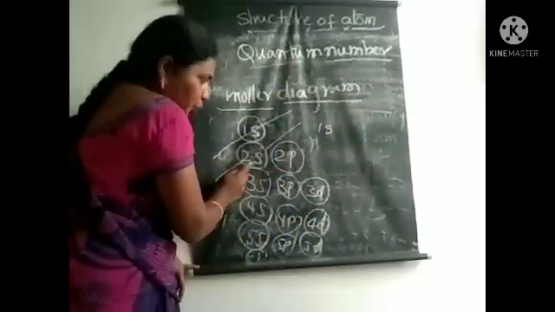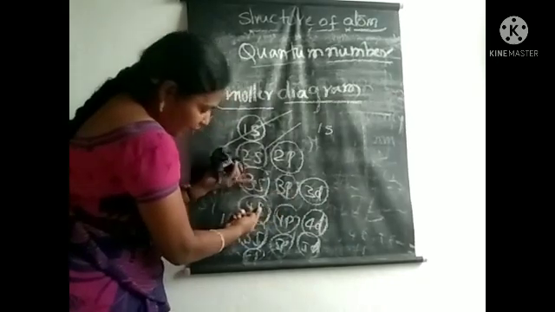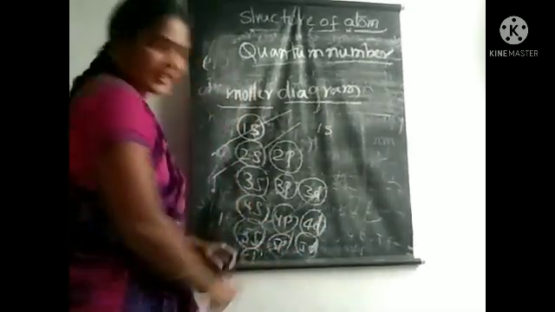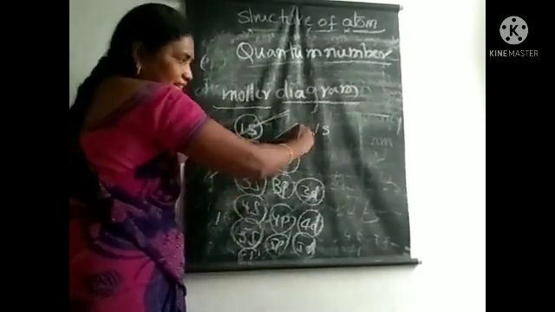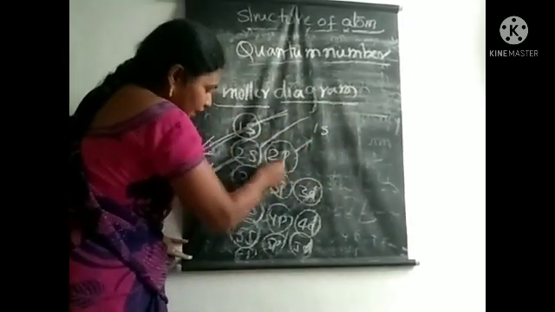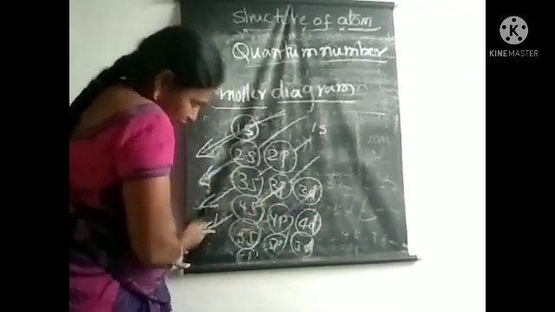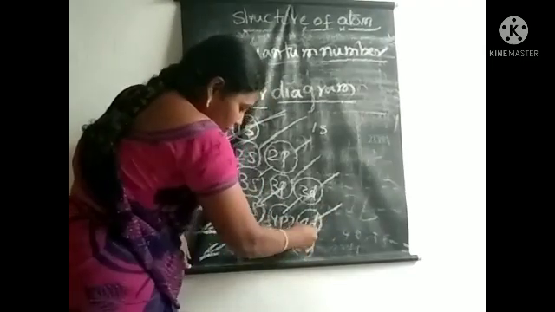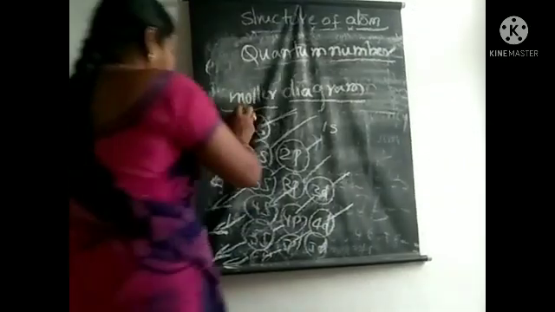First 1s, then 2s, then 2p, then 3s, 3p, then 4s, then 3d, 4p, 5s, then 4d, 5p. Are you able to follow me? Like this, electrons enter.